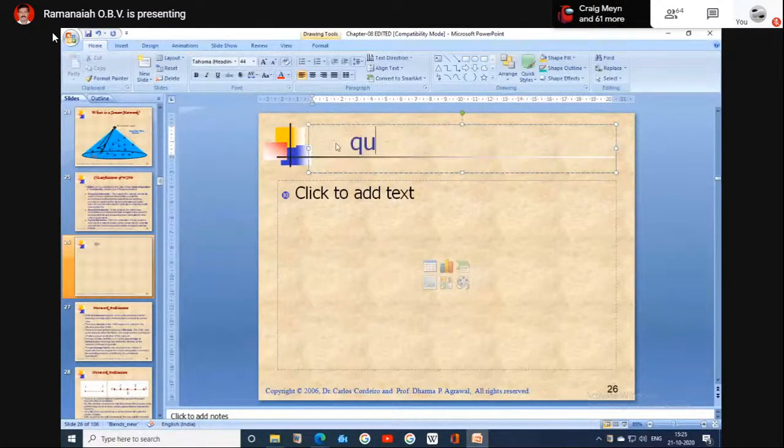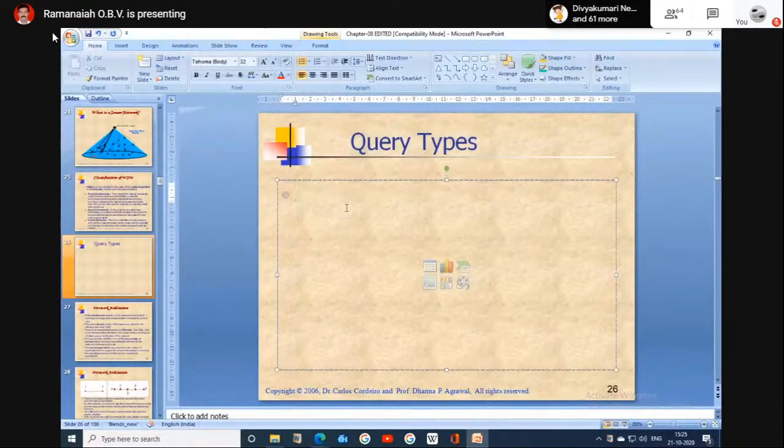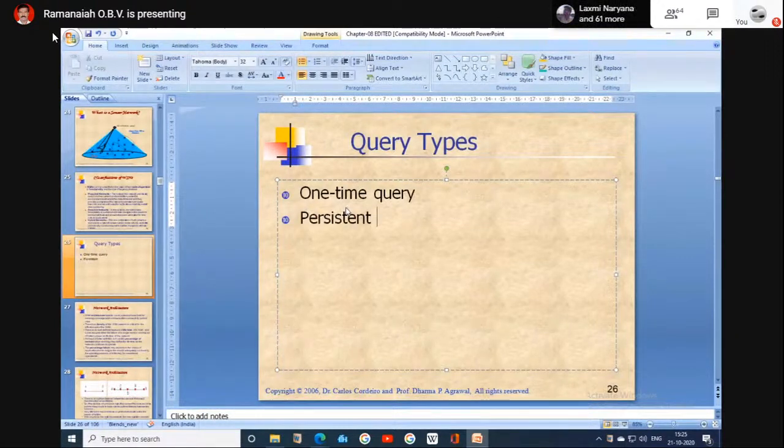So there are 3 types. The first one is one-time query, right? Then the second is persistent query, and the third one is historic queries.